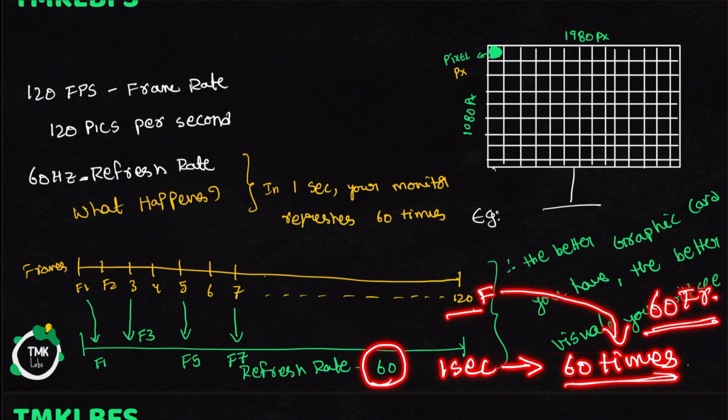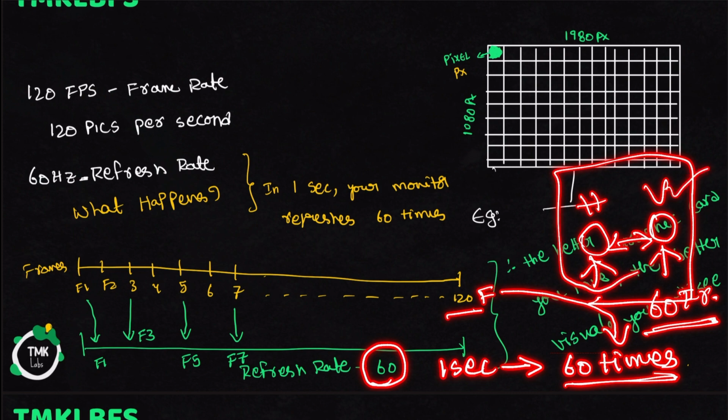For example, there is a fight scene, hero and villain are fighting, and you have 120 frames, like lifting a hand or kicking with a leg. This scene has 120 frames per second, but as your screen is refreshing 60 times per second, it will skip frames.